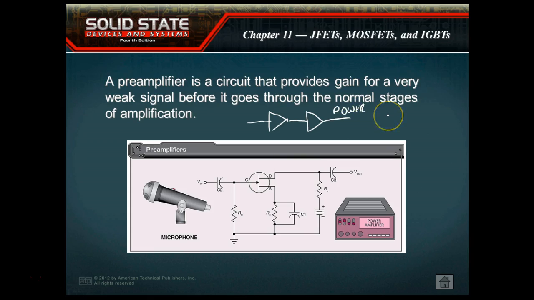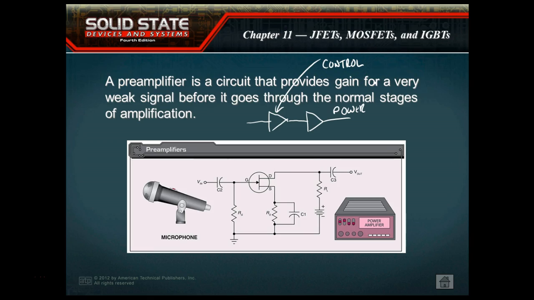And the power amp is where you get all your true power gain. When we start talking about volume controls and fading controls and balance controls, we don't try to do that at 100 watts of power. So all the controls in your stereo are in the preamp.